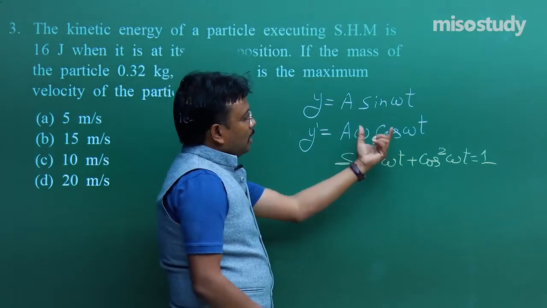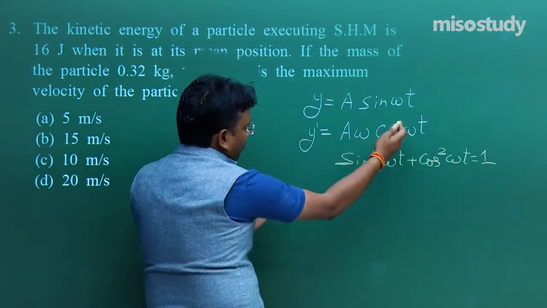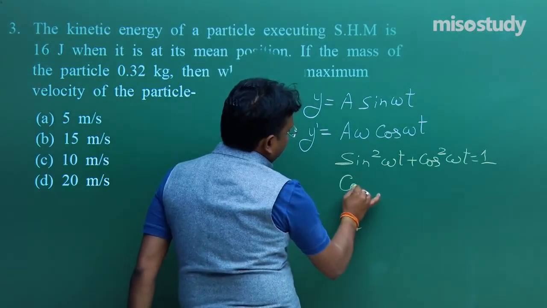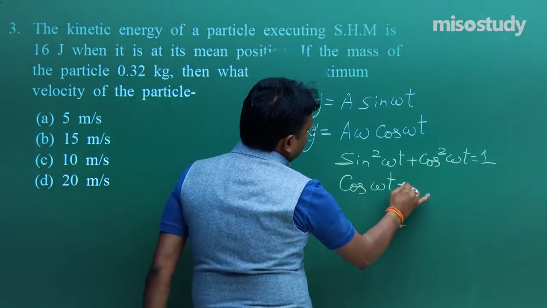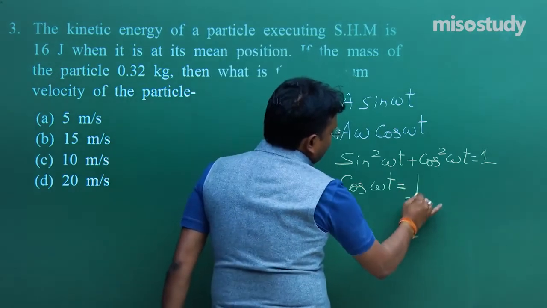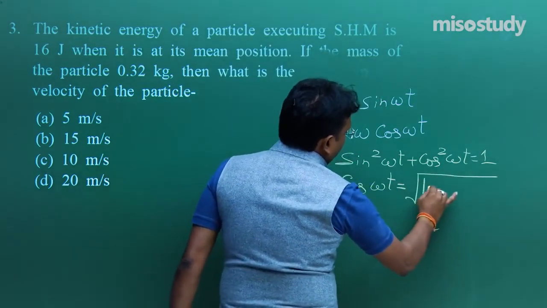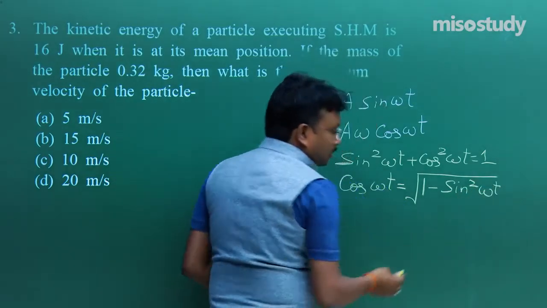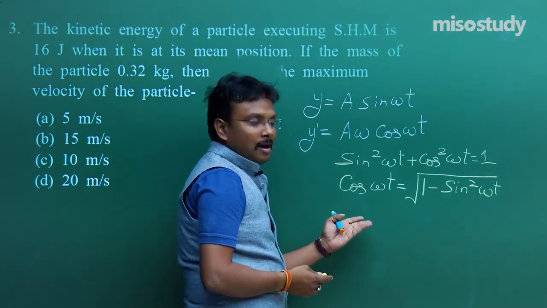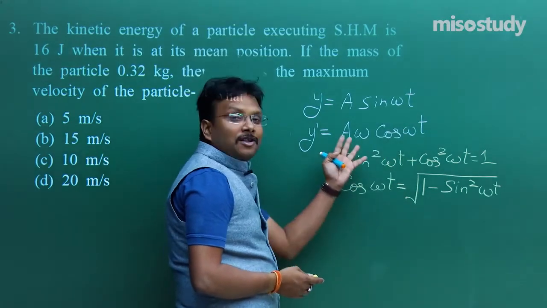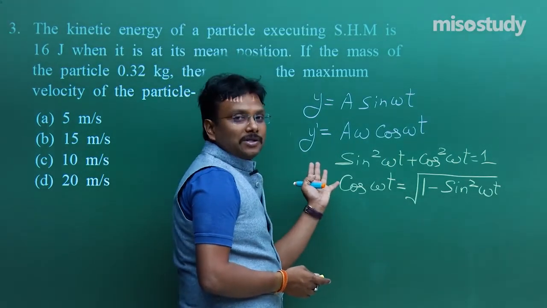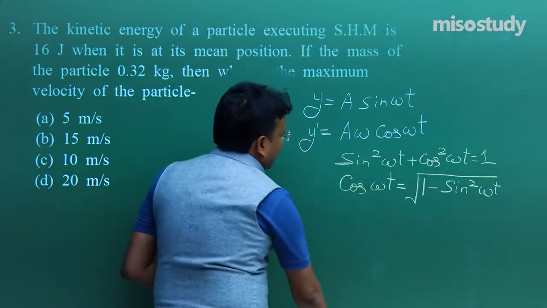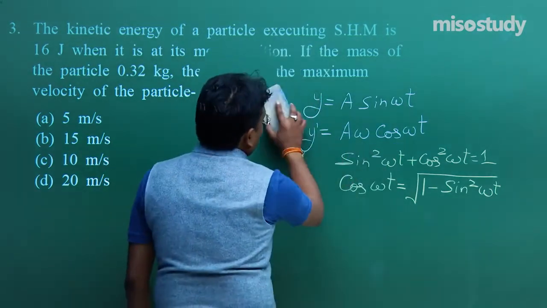If you want to write down something from here, then how you can write down? You can use this formula as cos omega t is equal to under root 1 minus sin square omega t. Simple. And the same type of expressions from last two questions we are using. So just to show you that, I thought it's better to mention this result.